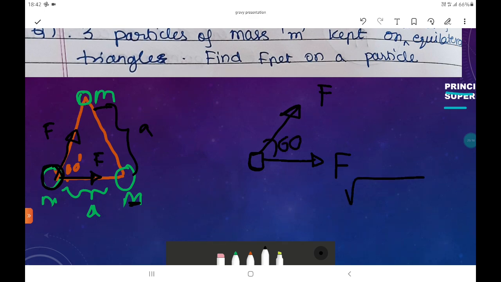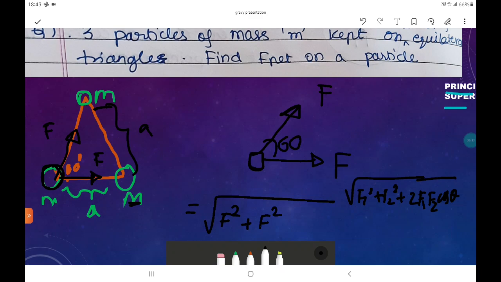Again apply the same formula, under root of F1 square plus F2 square plus 2F1 F2 cos theta. Theta is 60. So if you solve that, under root of F square plus F square plus 2F square cos 60, cos 60 you can take as half, into half. So that comes to be under root 3 F.